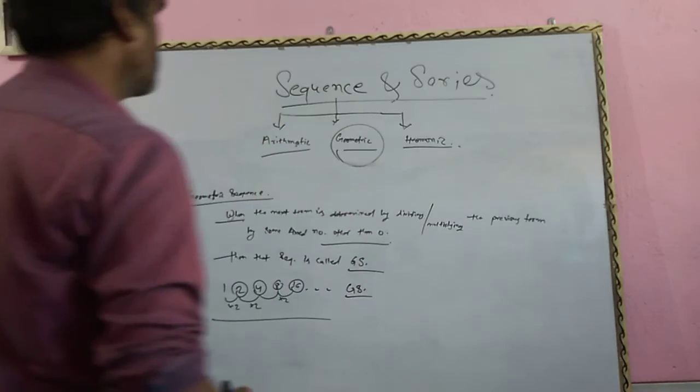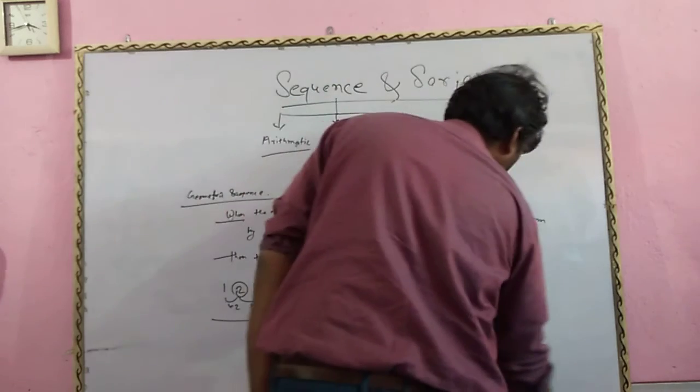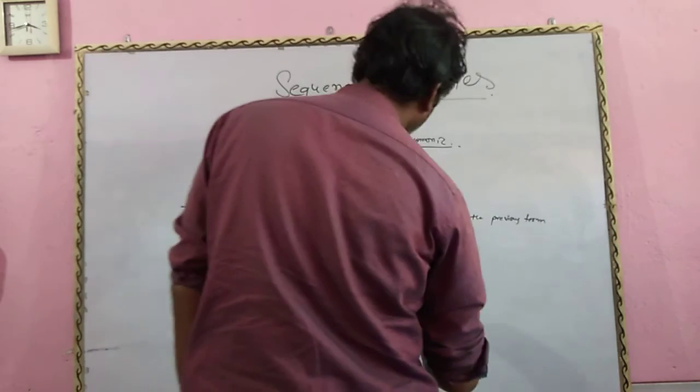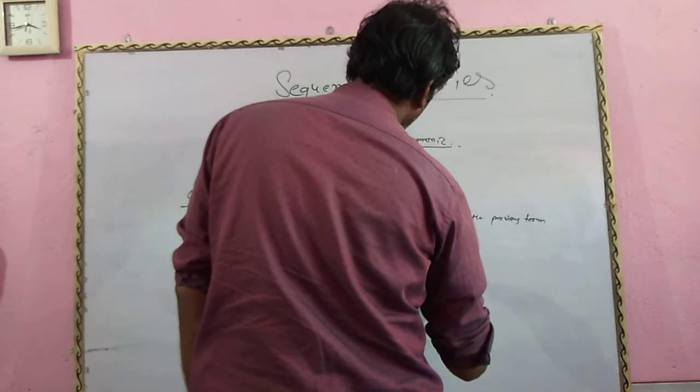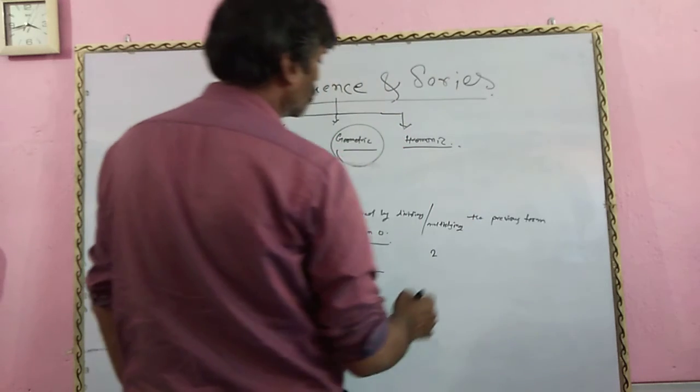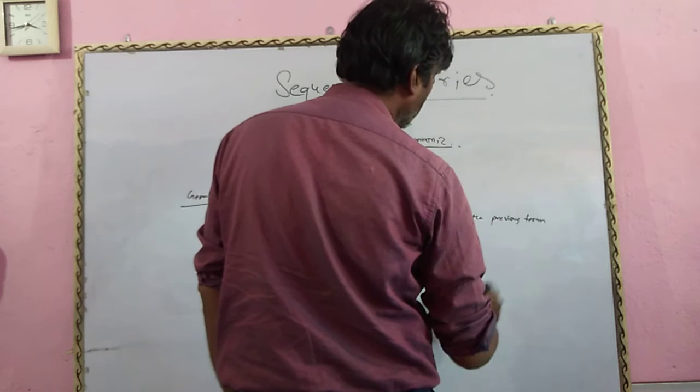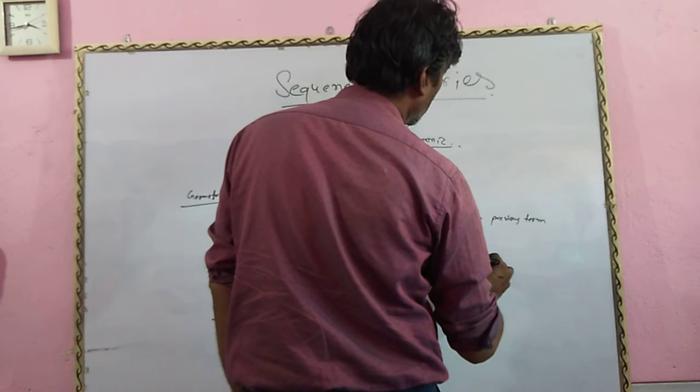This one, and the other one, by dividing each term by a constant, a fixed number. For example, 2: when you divide it by 2, you will get 1. When you divide it by 2, you will get 1 upon 2. When you divide it by 2, you will get 1 upon 4.